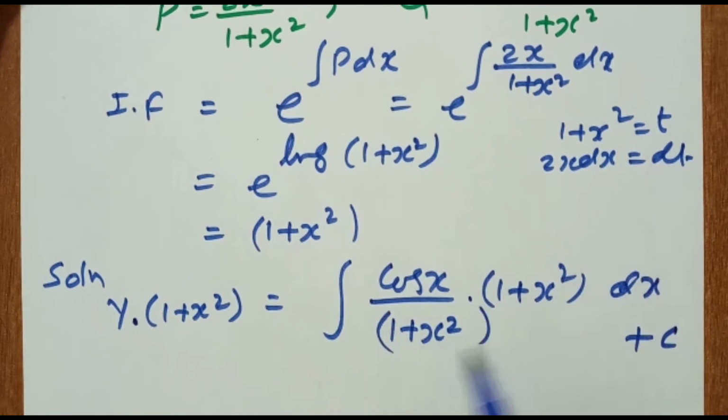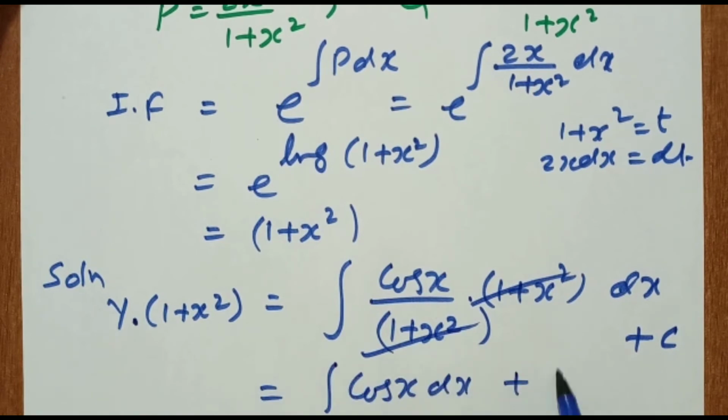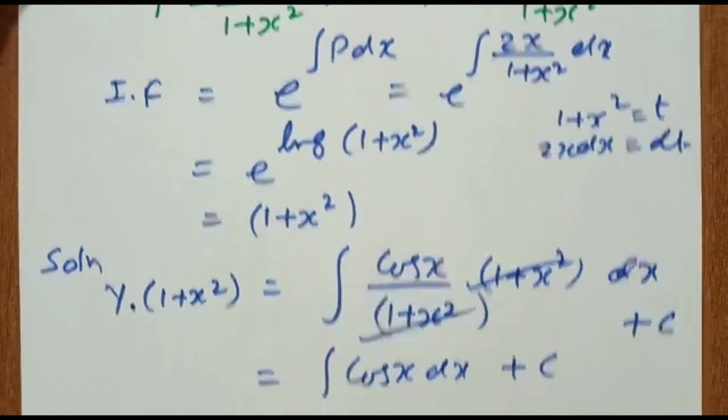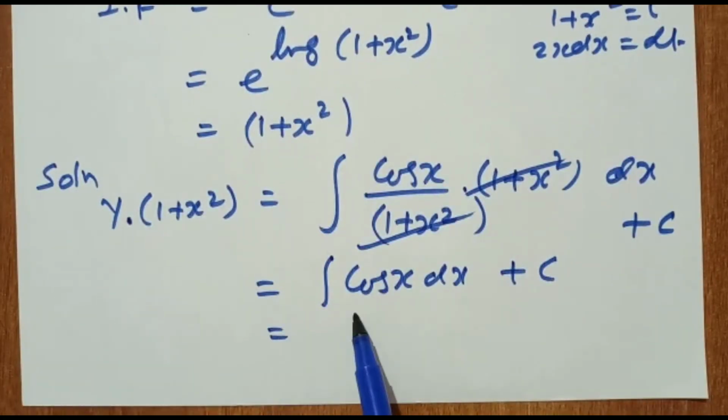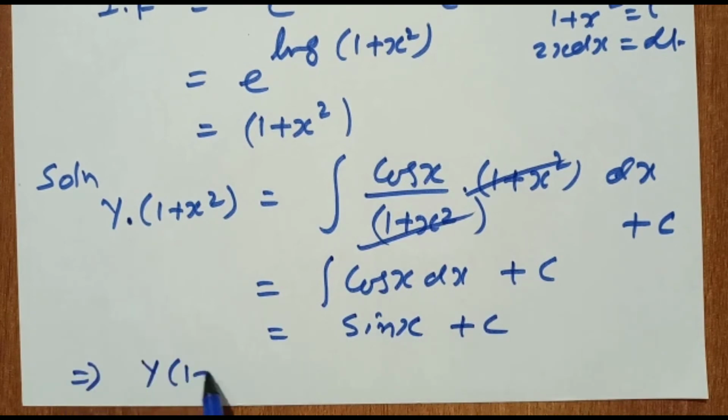So this cancels and we get integral of cos x dx plus c. So what is the integration of cos x? This is sin x. Okay, so sin x plus c. So this is the answer, means y into 1 plus x square is equal to sin x plus c.